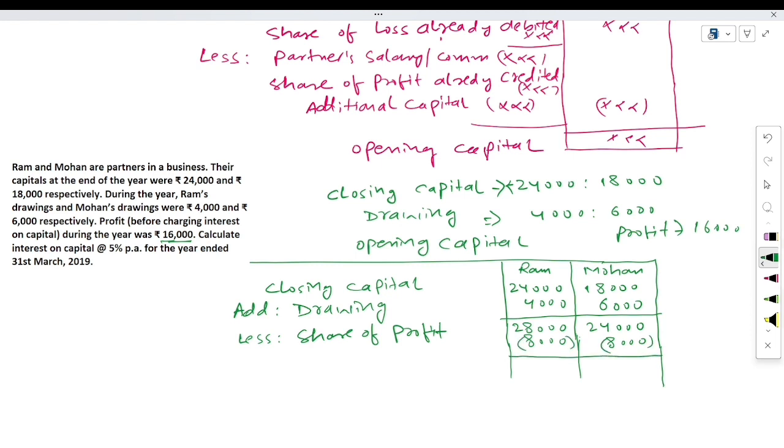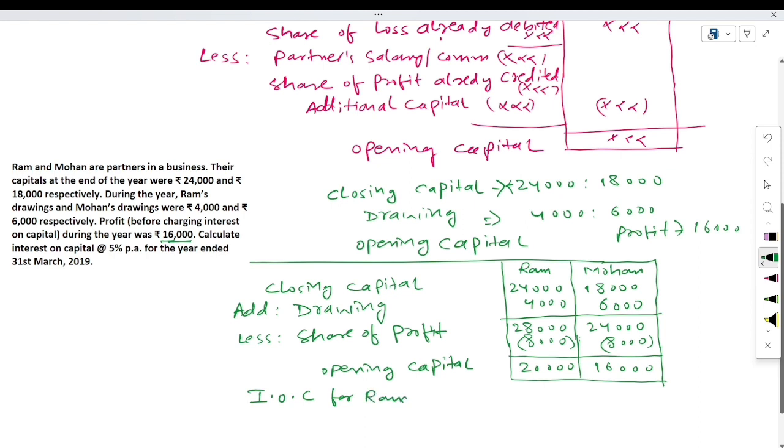Now what will be the opening capital? Your opening capital will be 20,000 and here 16,000. This is your opening capital, and from this opening capital now you will be able to calculate the interest on capital. You are calculating interest on capital for Ram. Then what will be the capital of Ram?